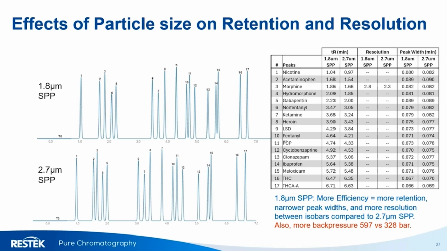So you have to be much more considerate with your sample prep to make sure you have less particulate matter in your sample, because that will clog your frit and ultimately spoil your column. So when you go to these smaller particle columns, you have to make that consideration in sample prep, but also be aware that you might not have the same longevity of a column due to the smaller frit size and the intraparticle size as well.